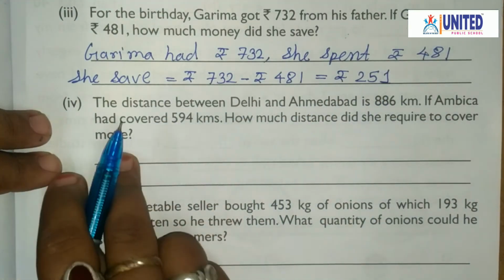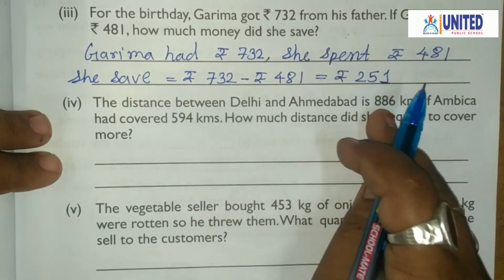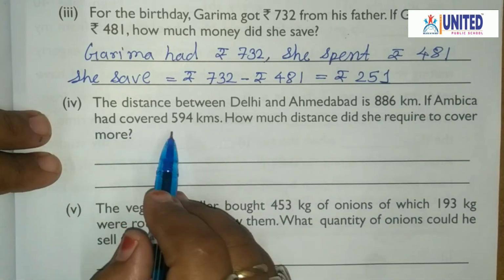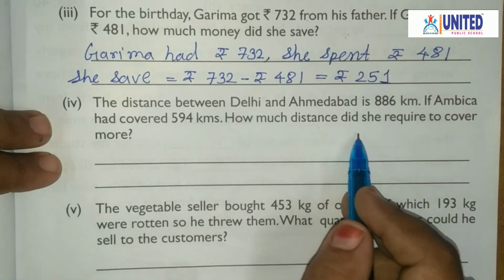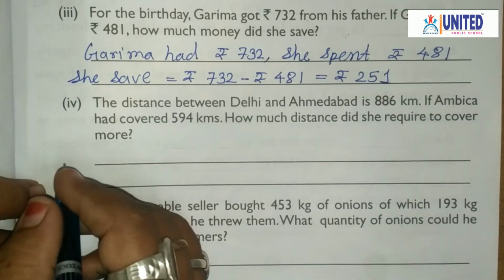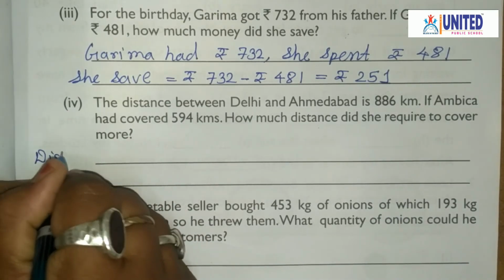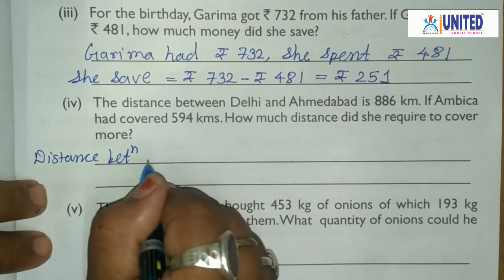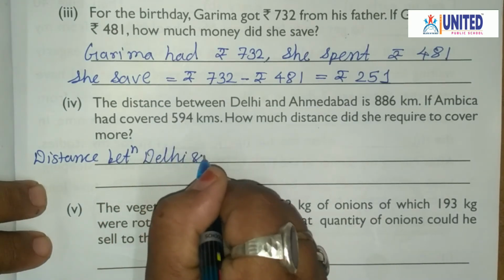Okay. Now number 4. The distance between Delhi and Ahmedabad is 886 km. If Ambika had covered 594 kilometers, how much distance did she require to cover more? Okay. So first of all, write down the distance between Delhi and Ahmedabad.